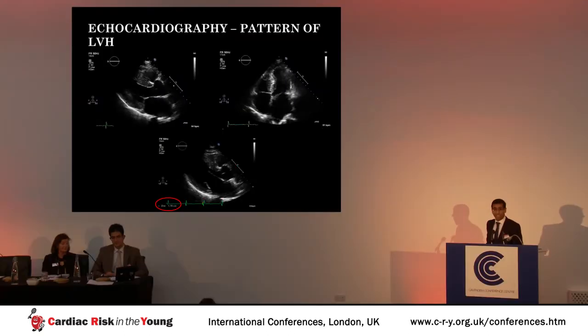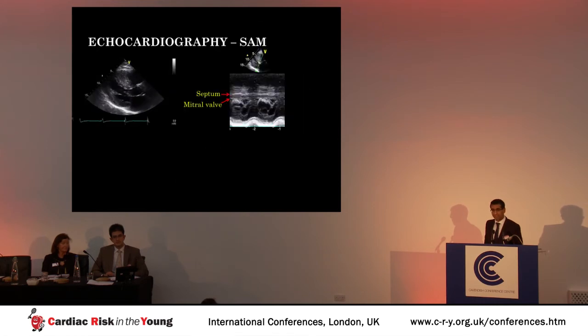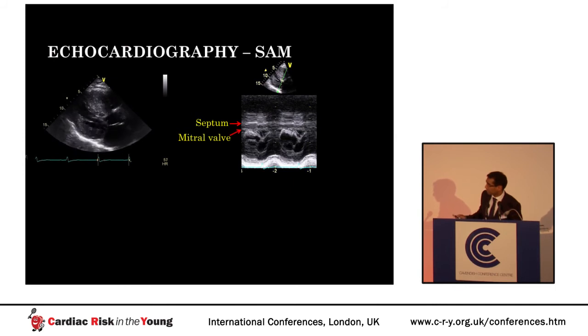Now, apart from looking at LVH, echocardiography is also very important in assessing for other features of HCM. And these include systolic anterior motion of the mitral valve leaflet, or SAM. And this is demonstrated in the echocardiographic parasternal long axis view here on the left. Now, for those of you not familiar with this in the audience, this is an M-mode cut through the mitral valve.